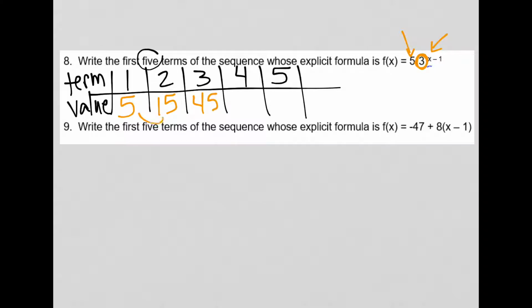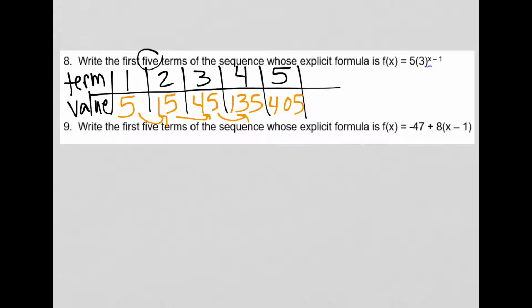And so my pattern is multiplying by 3. To get from one term to the next, I'm multiplying by 3. So I could multiply 45 times 3 and I'd get 135, and 135 times 3 is 405.